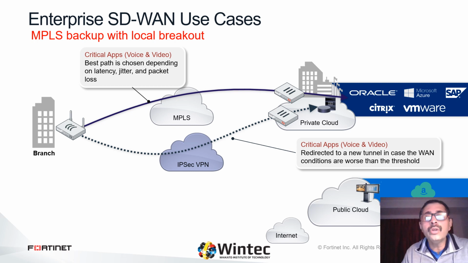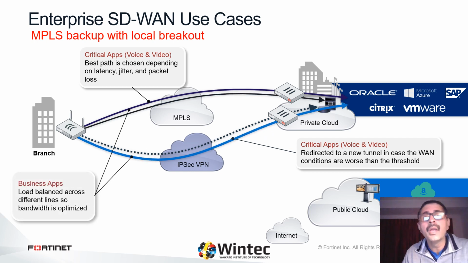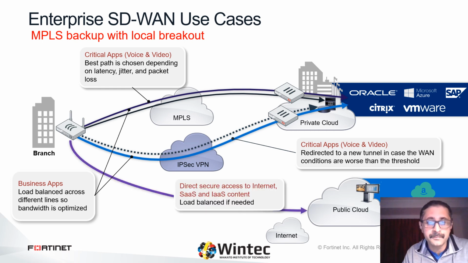Also, non-critical traffic is load balanced across different lines to maximize bandwidth or minimize costs. At the same time, the branch can have direct, secure access to the internet, which improves the cloud application performance and can load balance software as a service and infrastructure as a service content if needed.